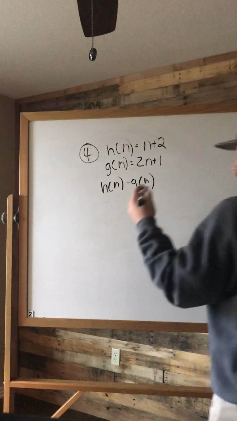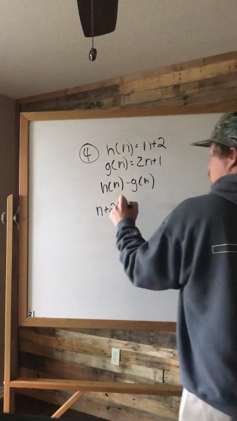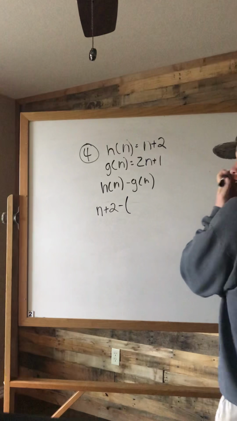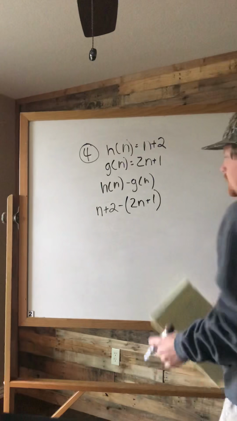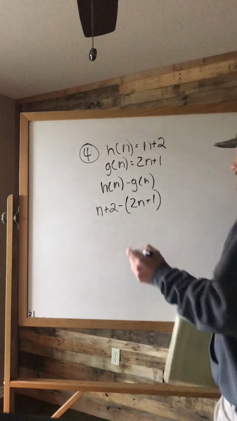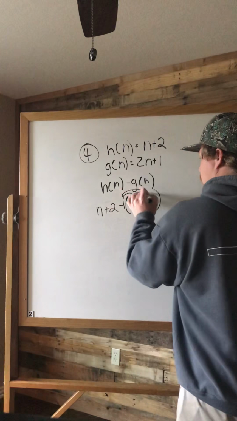So once again, h of n, plug in what we know, n plus 2. And then we're going to minus g of n. So minus, in parentheses here, my equation for g of n was 2n plus 1. We've looked at this before multiple times. What do you think we're going to have to do here to get rid of that negative sign? Distribute a negative 1. So we'll multiply that out.